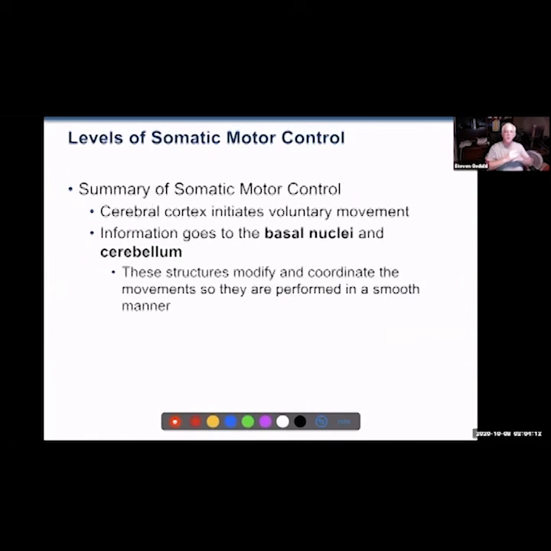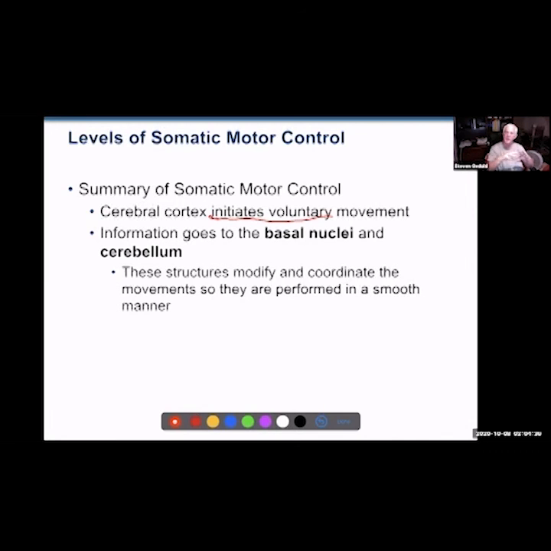So the somatic motor control: the cerebral cortex, the top part of your brain, initiates voluntary movement. That's where it starts. If it's voluntary movement, you've got to think about it. You have to control it. The first step in that is the cerebral cortex. From the cerebral cortex, it goes to the basal nuclei and the cerebellum.